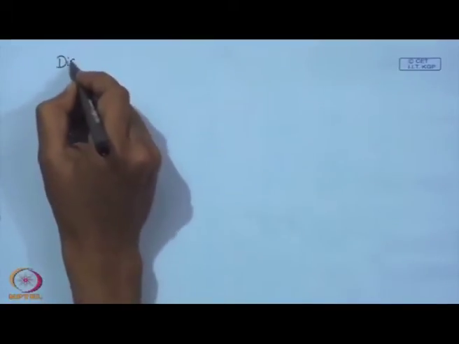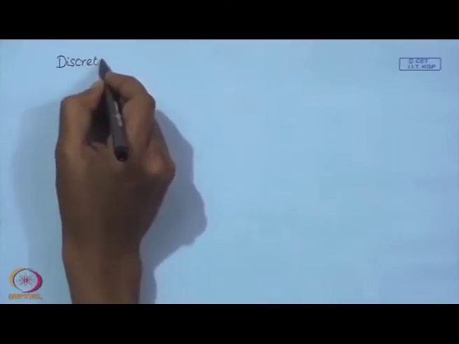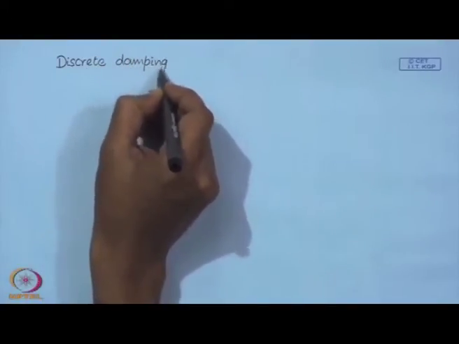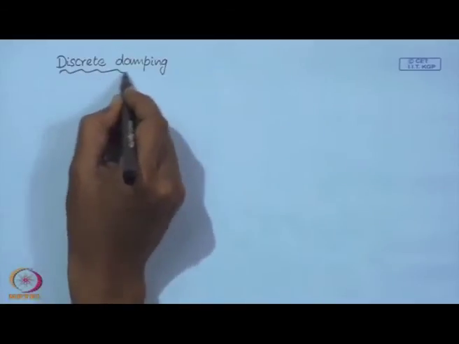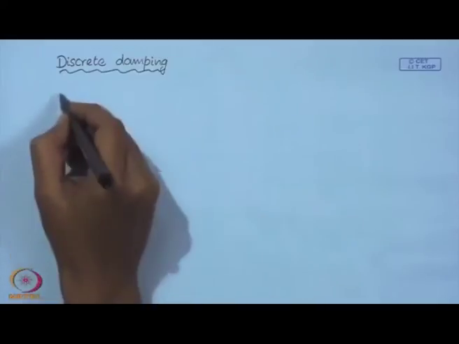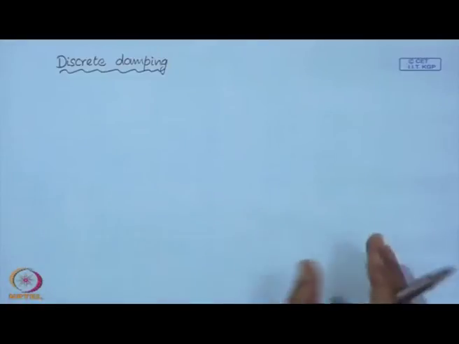Now, let us look at discrete damping. Now, as I have already mentioned, this discrete damping occurs when we attach, for example, an external dashpot to a continuous system at a particular point.